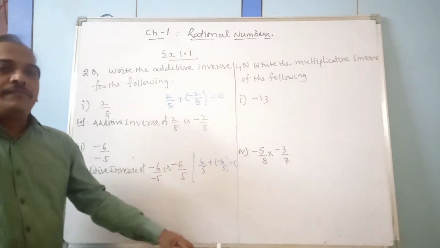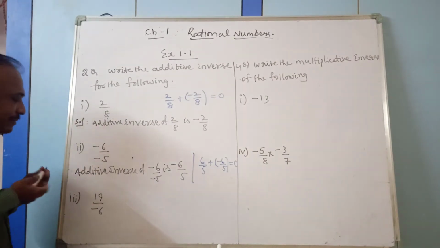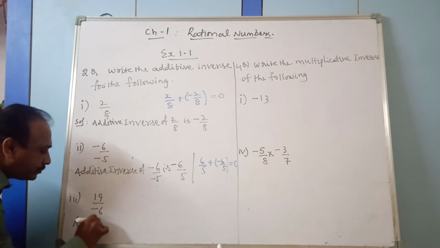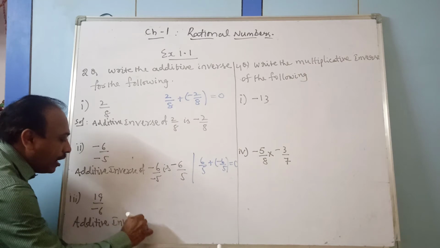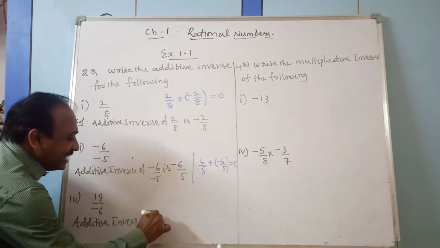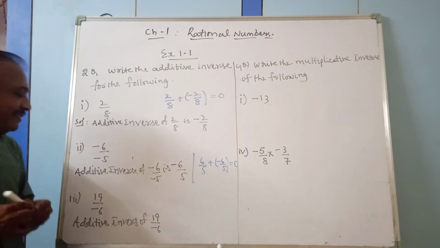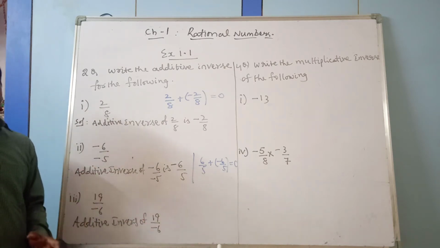Next, the additive inverse of 19 by minus 6. If the denominator has a negative sign, it indicates the sign for the numerator only.